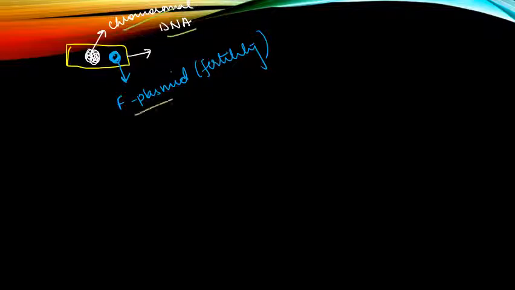F plasmid means your fertility plasmid. We call it the fertility plasmid. As this cell has both the chromosomal DNA and the fertility plasmid present, we call it an F positive cell. Now let me tell you about the F negative cell.